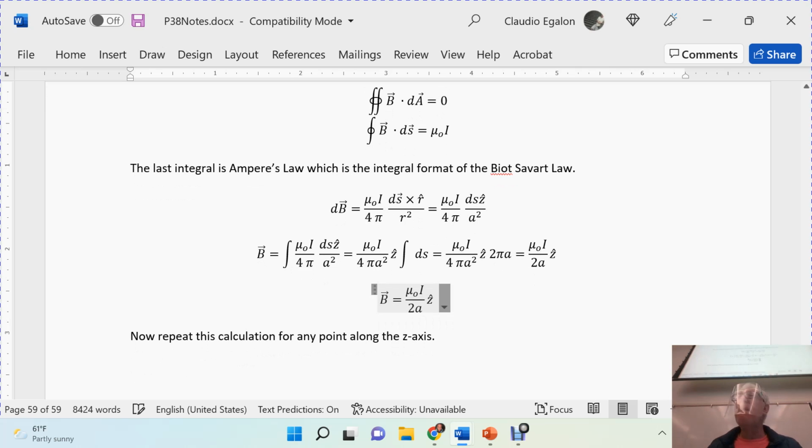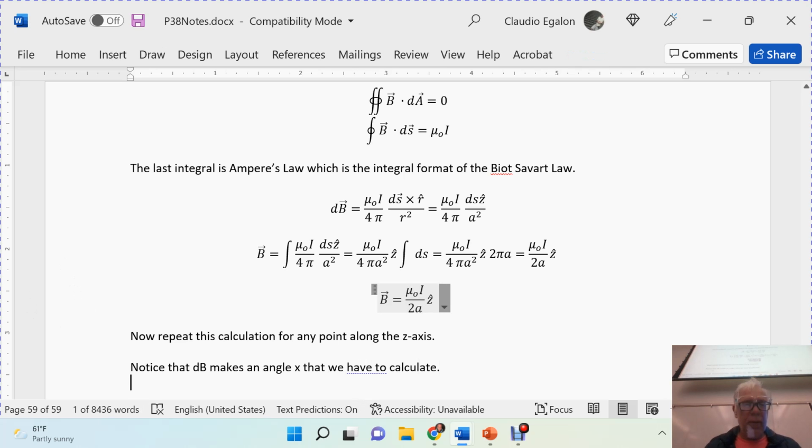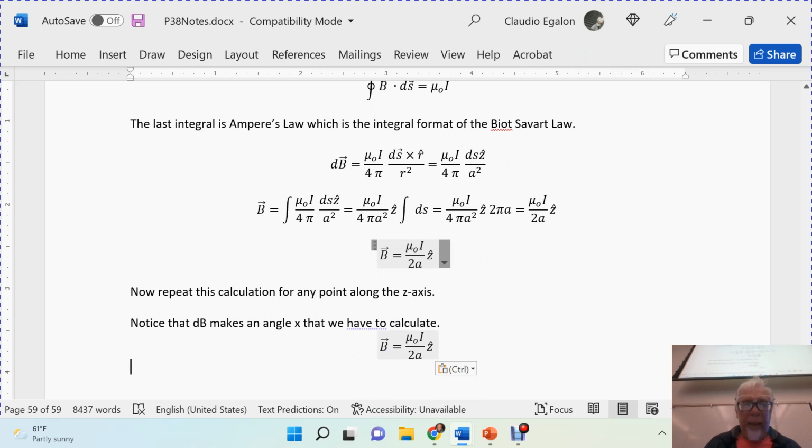Okay, note that dB makes an angle x that we have to calculate. Okay, so this angle x makes an angle x with the z-axis that we have to calculate.